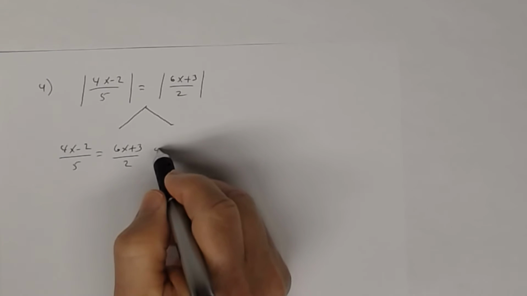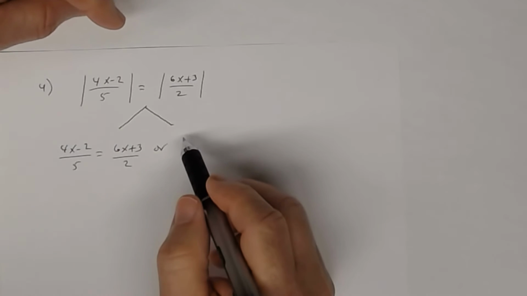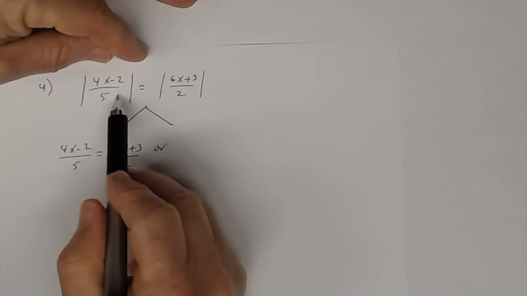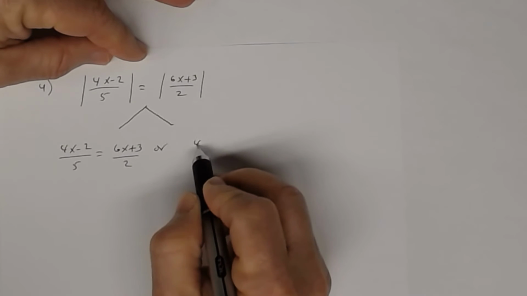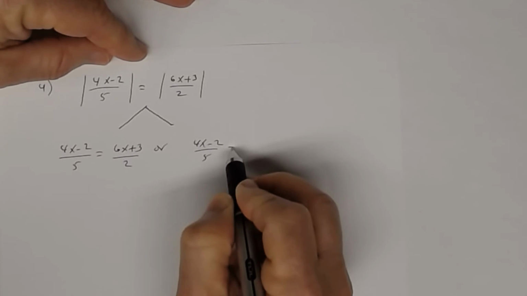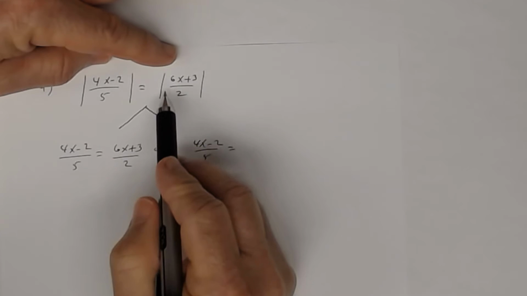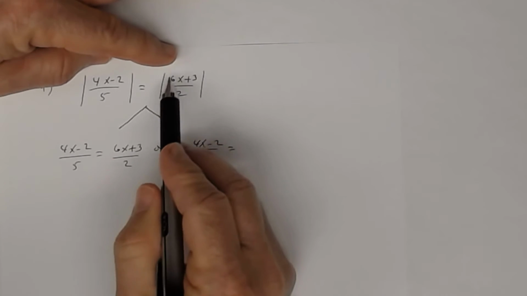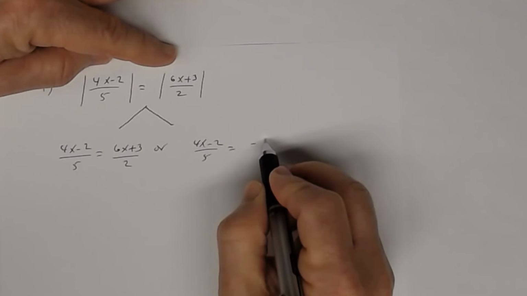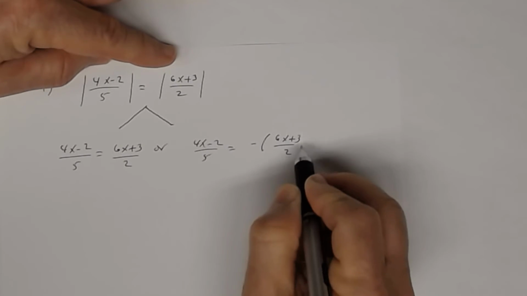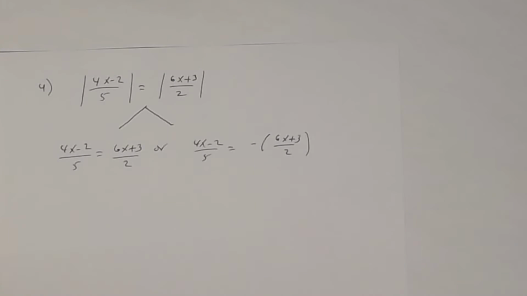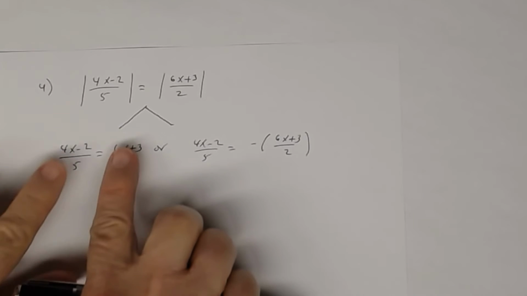And on the other side, for the other one, you're going to take the variable expression on the left side, 4x minus 2 divided by 5 equal the opposite. Remember, you must do the opposite. So the opposite of 6x plus 3 divided by 2. Okay, just like that.